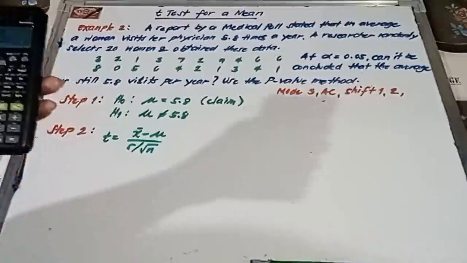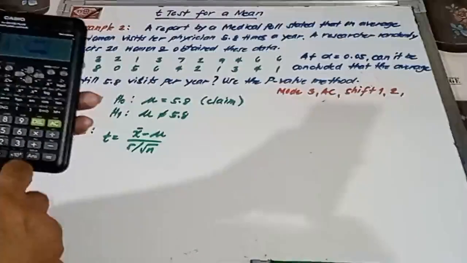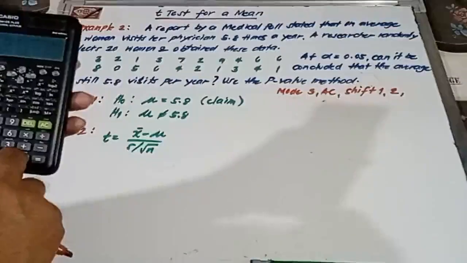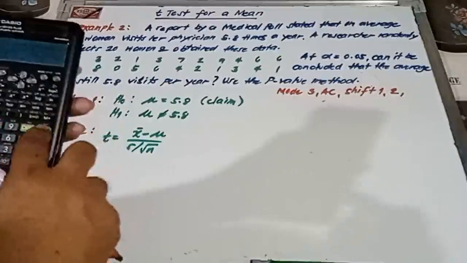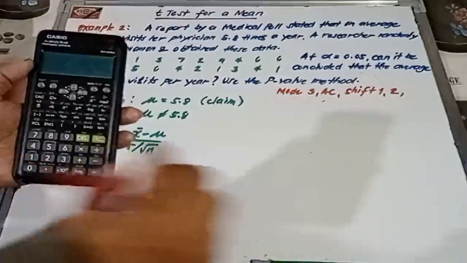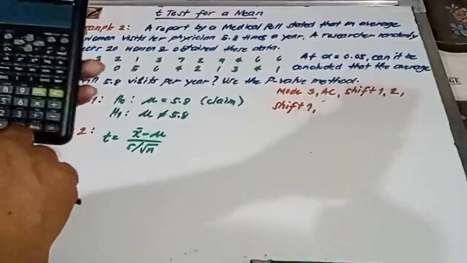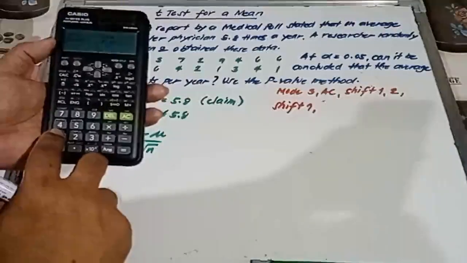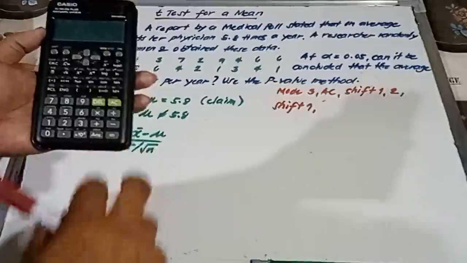Okay na. Shift stat para malaman natin yung type. Huwag na. AC na lang natin. Then AC. Okay. Shift stat, shift 1 and then variable 4. Then press natin yung 1 para malaman natin kung ilan siya. 20.